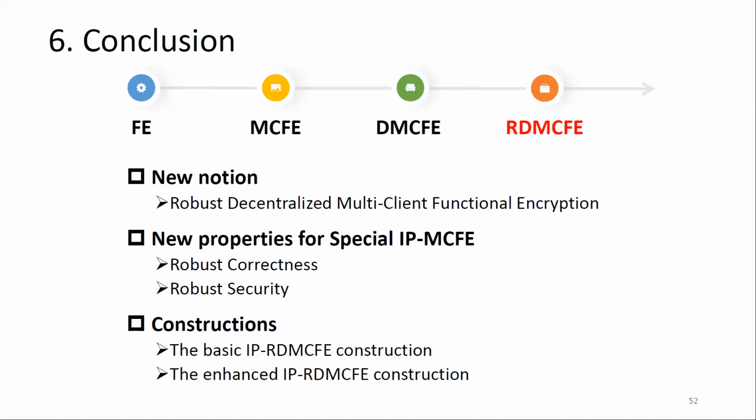They are robust correctness and robust security. Finally, we proposed two constructions for inner product. Due to time constraints, I have omitted the enhanced construction in this talk. If you are interested, you can read the paper.